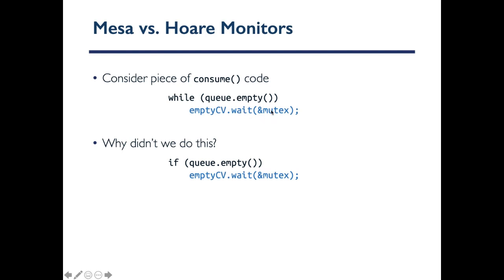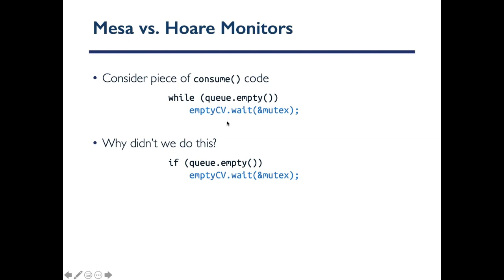Let's say that you wake up in this wait and you don't have the mutex. That means that somebody else has that mutex. That somebody else could be another consumer that just came. So this new consumer acquired the mutex before you, and they checked the queue and it wasn't empty, so they consumed the item.